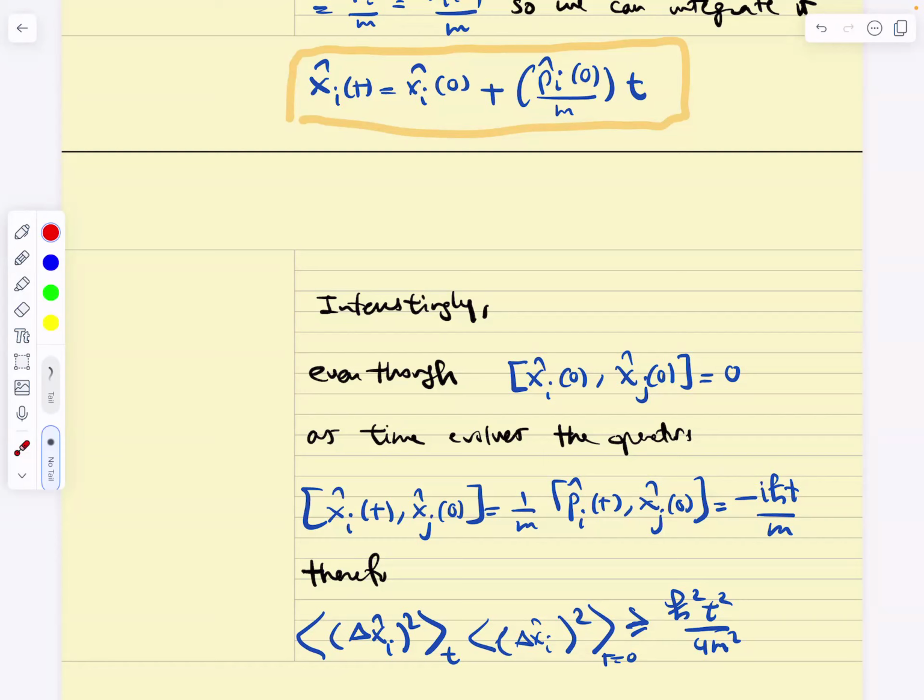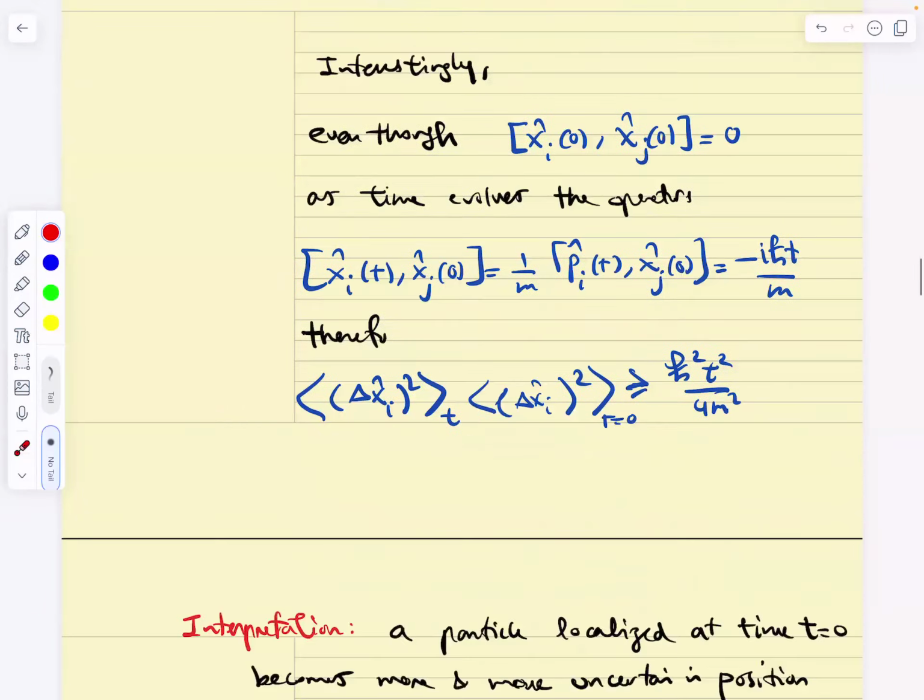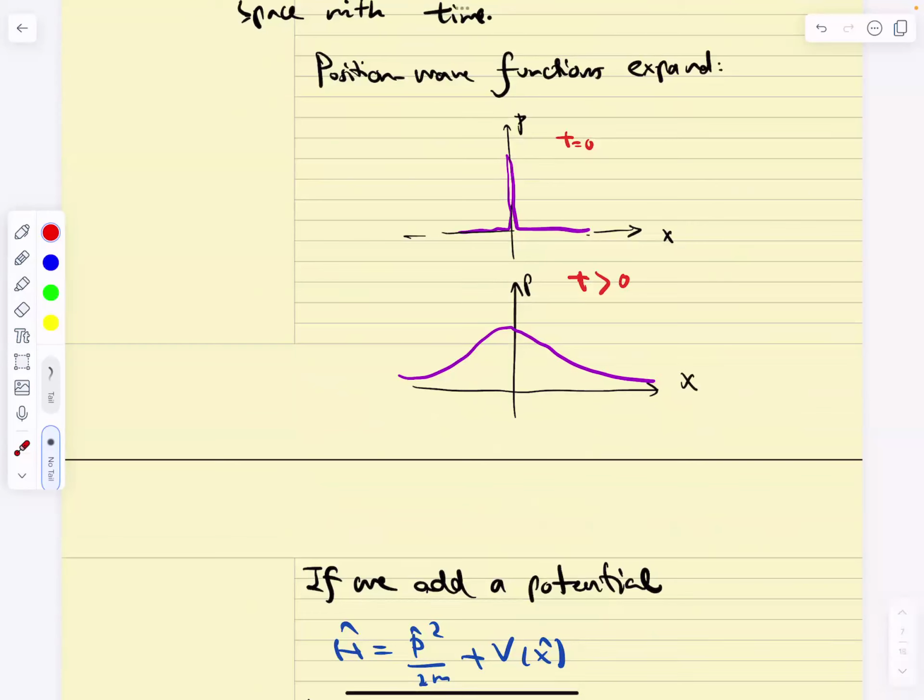Yeah, it follows the classical trajectory, right? For example, the example I gave you had x of 0 equal to 0. The particle was sitting at a point. If you calculate the expectation value of the position of the particle, it's still at x equals 0 at later time. It's just that the uncertainty comes into the picture.